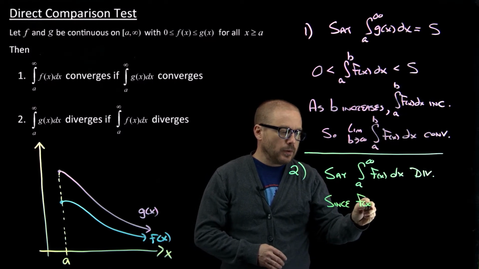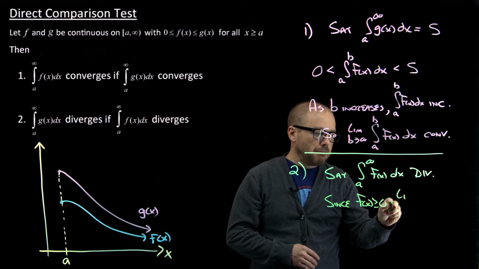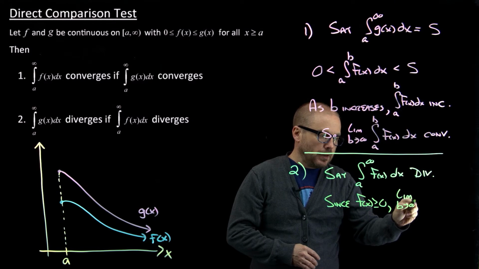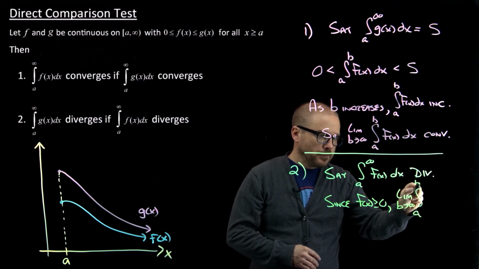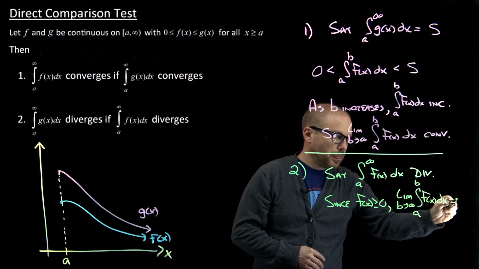Since f is greater than or equal to 0, we know something more specific: the limit as b goes to infinity there actually equals infinity.